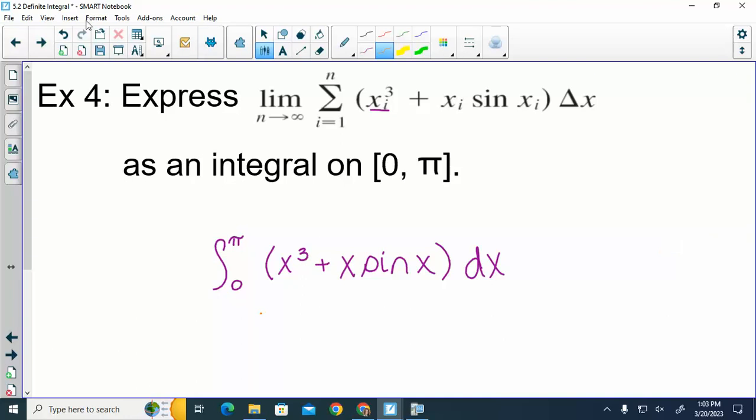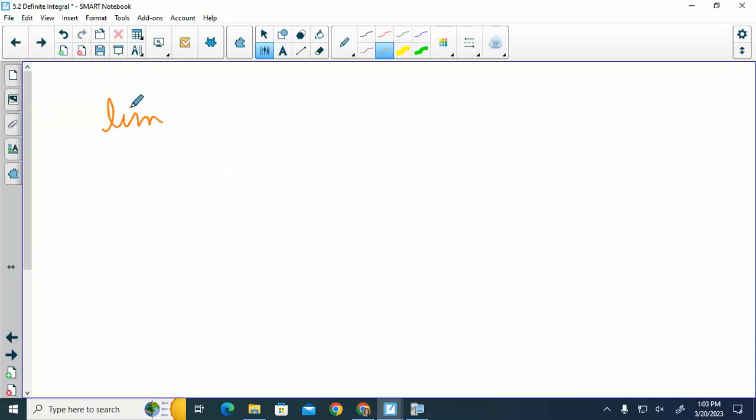One thing I want to talk about, like problem number 3, you'll notice it has a sum. Instead of x sub i, it has m sub i. But it still has change in x. The fact that it says change in x tells me my variable is x. Tomorrow we're going to talk about m being a midpoint.